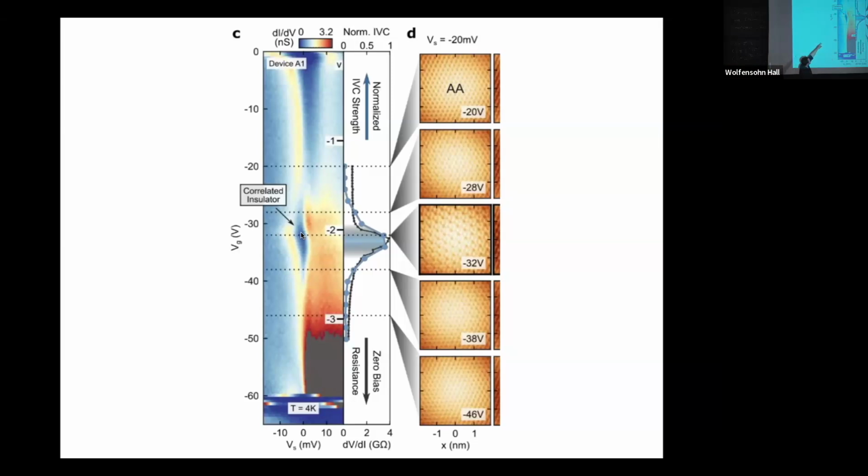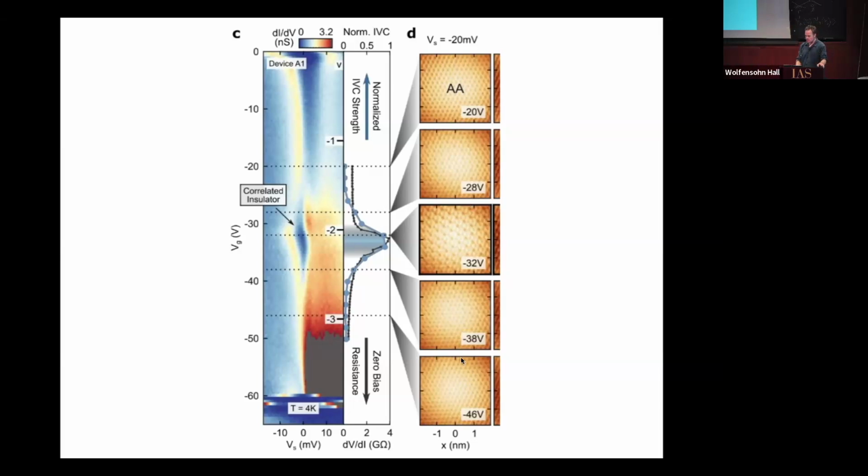But right when you get to -2, where my cursor is, you'll see that the tunneling density of states actually drops, indicating now that there's a finite bias of a couple meV required to inject electrons, which is exactly the correlated insulator state.